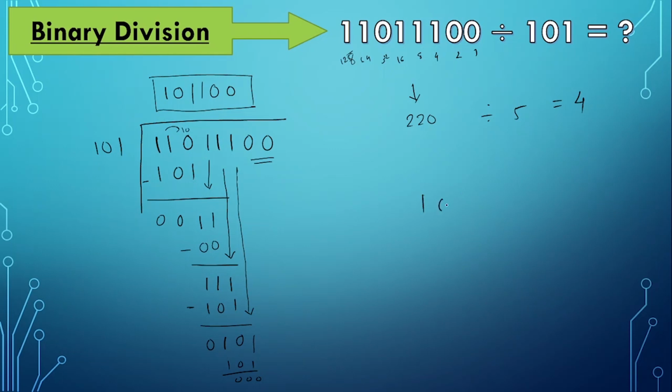So if we convert this to binary, our quotient is 101100. So 1 2 4 8 16 and 32. So it is 32 plus 8 plus 4, so you are getting 44 over here. Okay, so both the answers are matching, that means our calculations are correct and up to the mark.